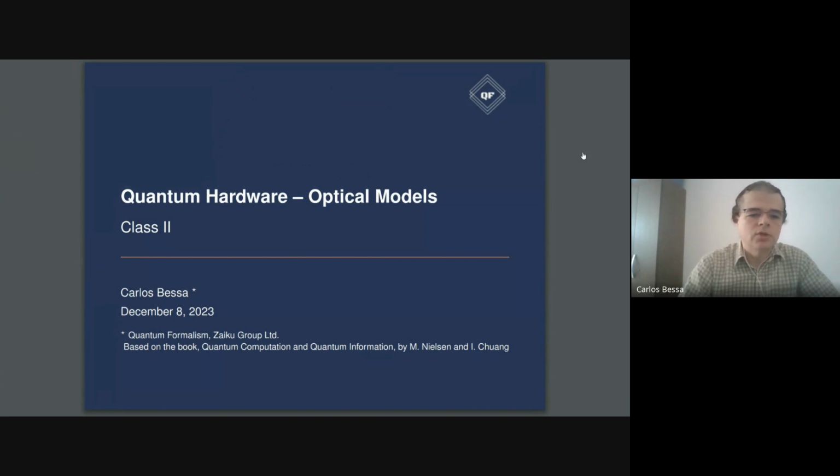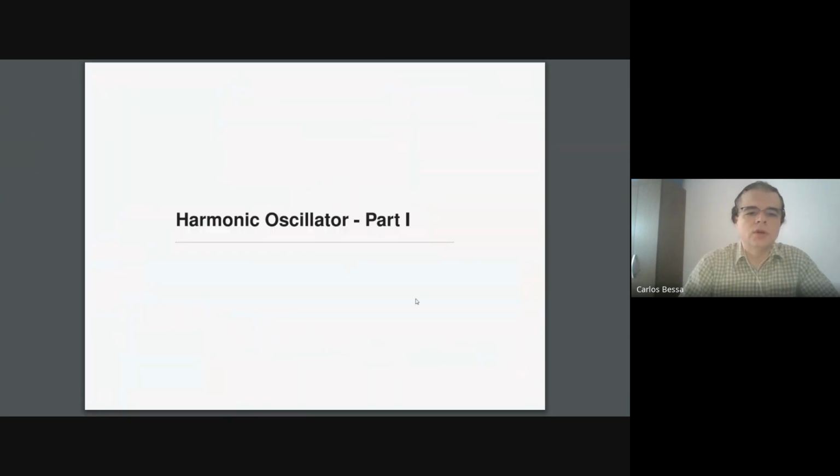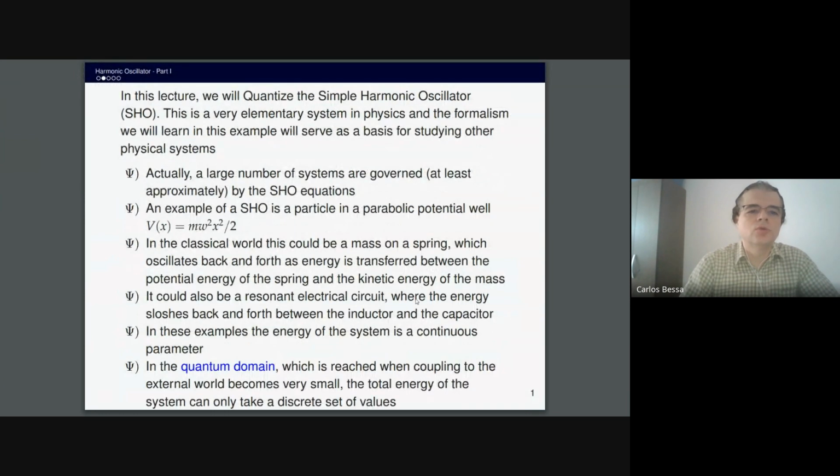Most of this lecture is based on the quantum computation and quantum information book by Nielsen and Chuang.